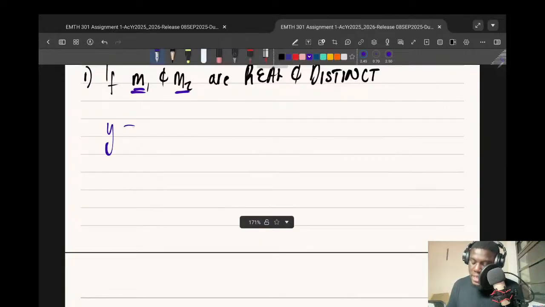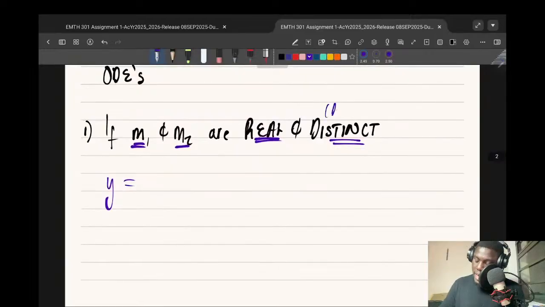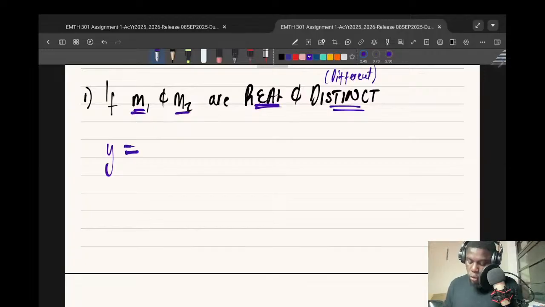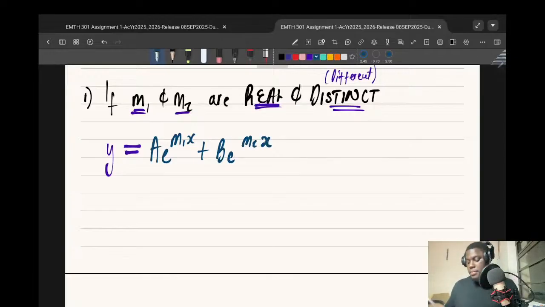So if M1 and M2 are real and distinct. Distinct means different. They are real and different. They are normal numbers, whether negative or positive, we don't care, but they are not complex numbers. So you're going to say Y is equal to A e to the M1x plus B e to the M2x.